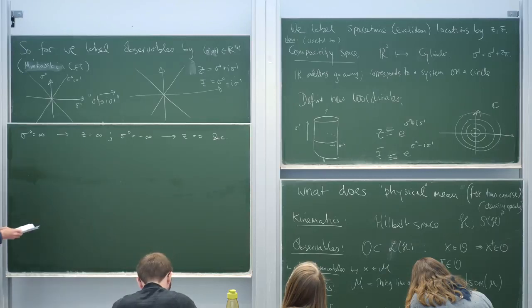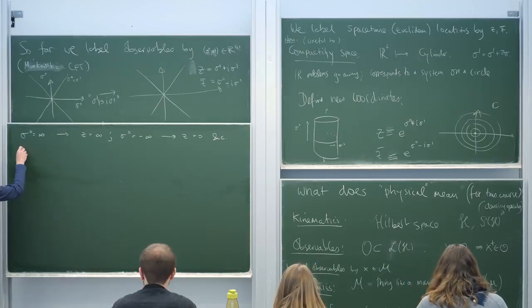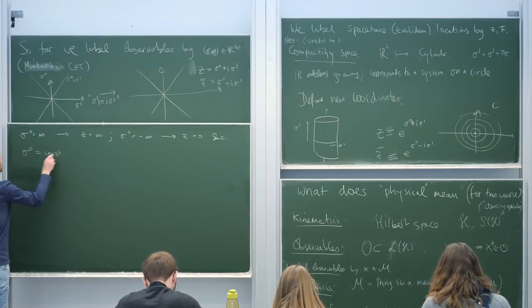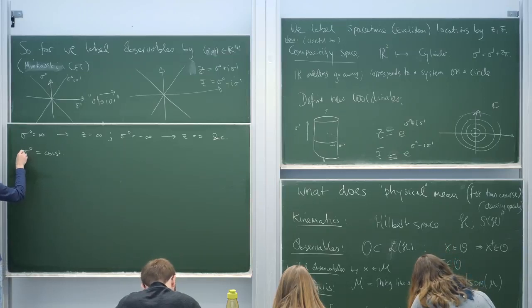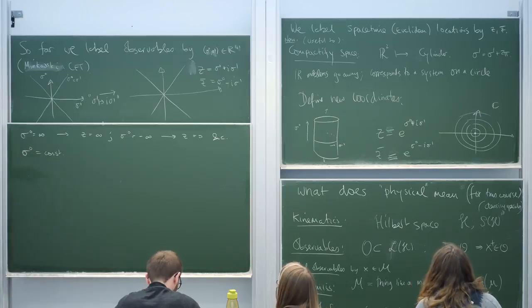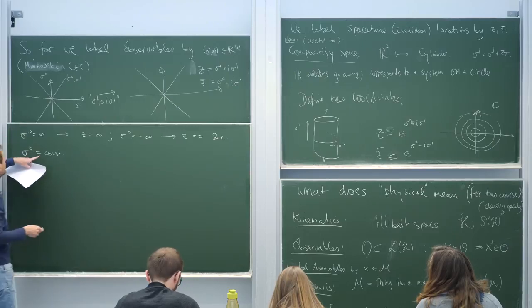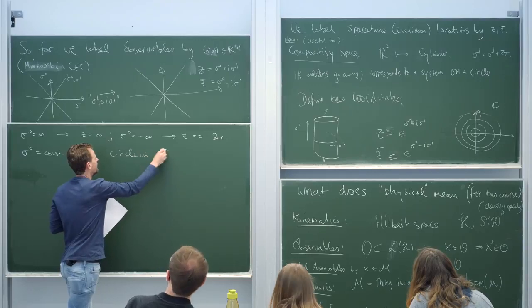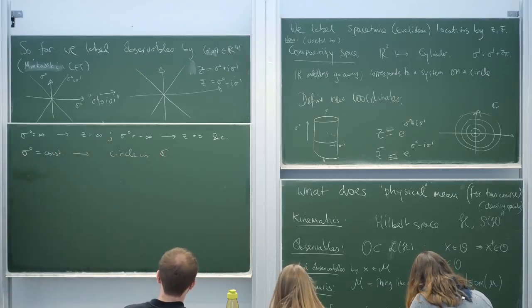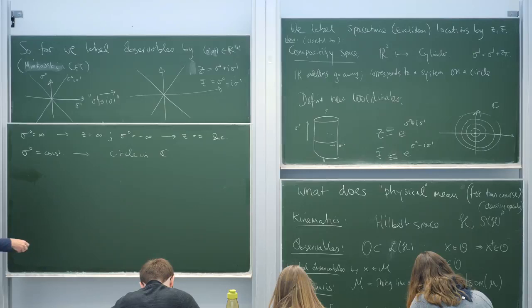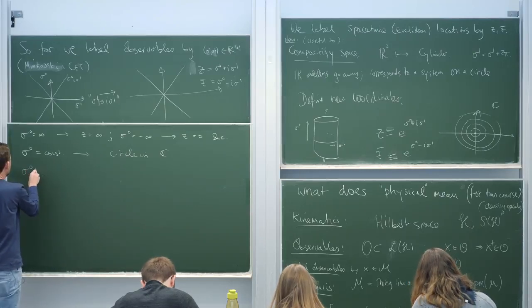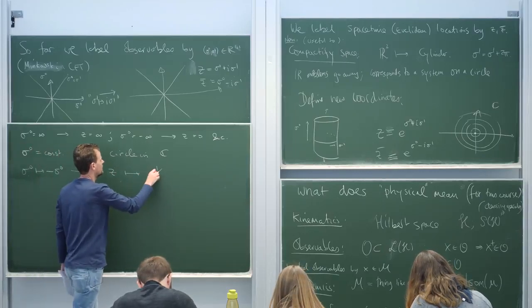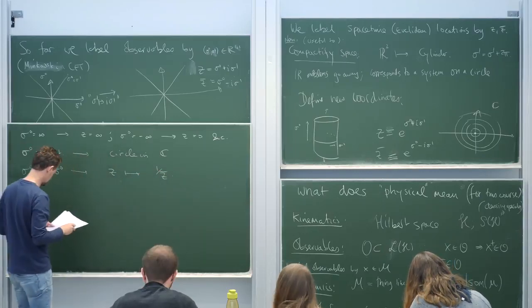So there are some operations you can do. Firstly, if you have a constant time on your compactified space, that corresponds to a circle in C. And time inversion corresponds to z maps to 1 over z complex conjugate.